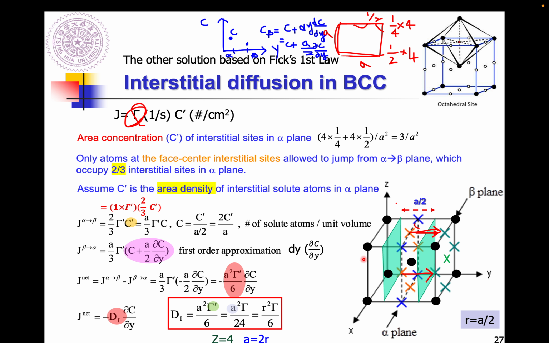you use Fick's first law, but with Fick's first law remember the flux should be constant, right?